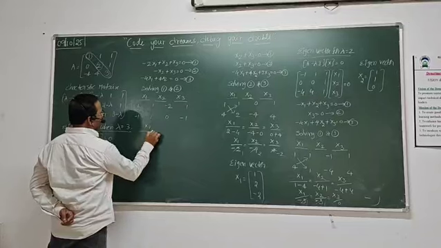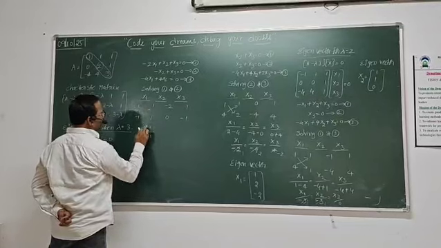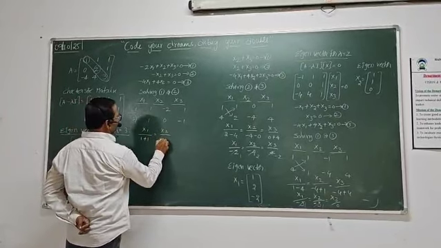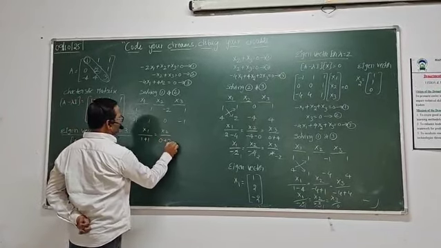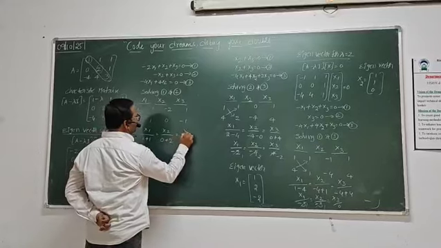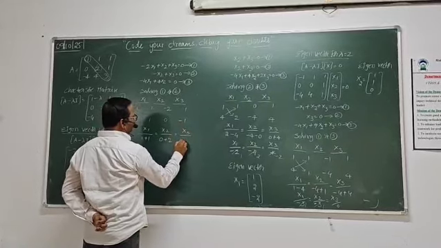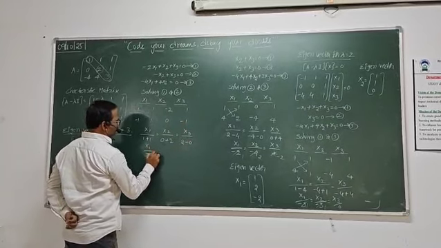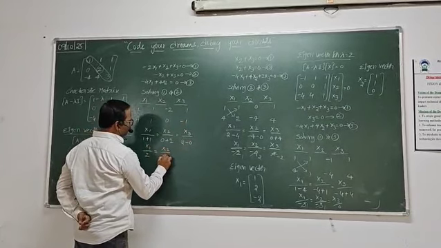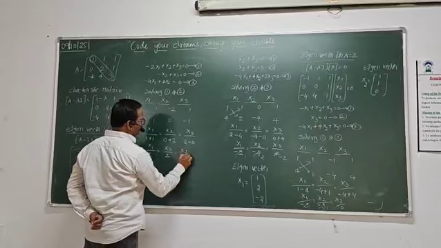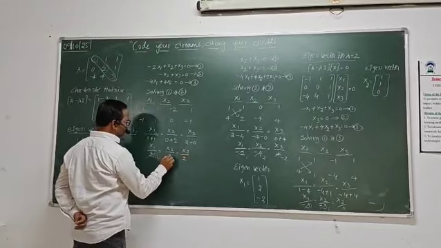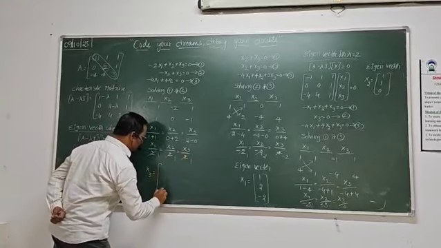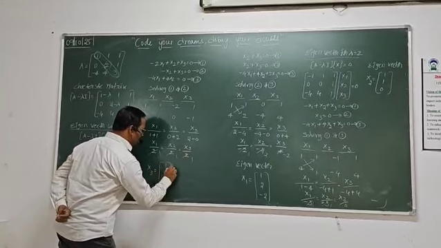So x1 by 1 minus of minus 1 plus 1, x2 by 0 minus of minus 2 into 1, 2, x3 by 2 minus 0. So x1 by 2, x2 by 2, x3 by 2. So divide with 2. So the eigenvector x3 equal to 1, 1, 1.